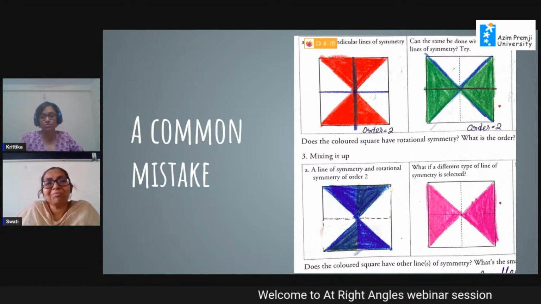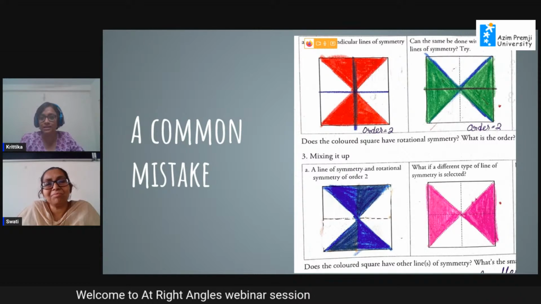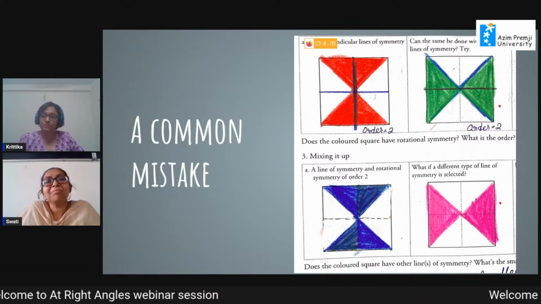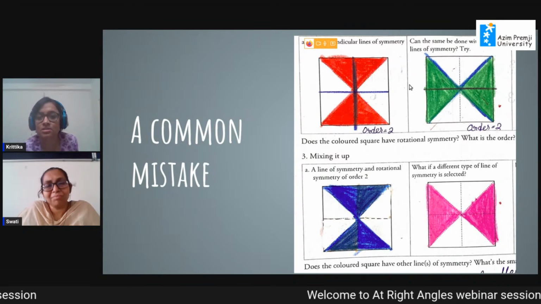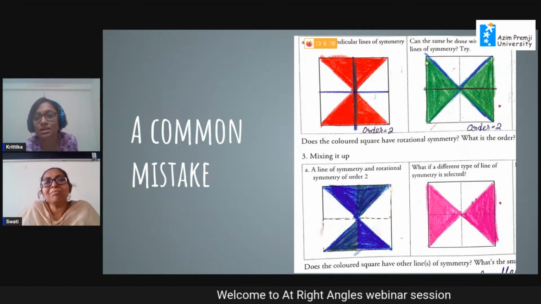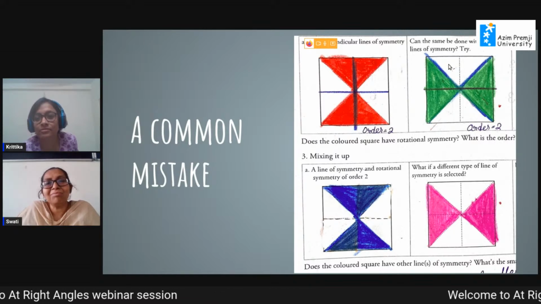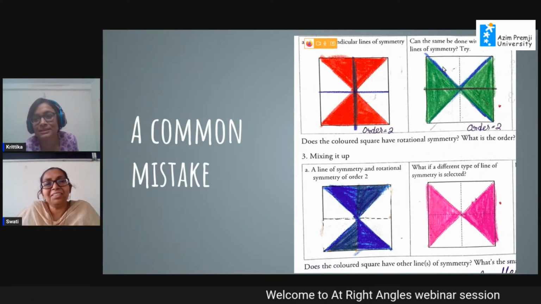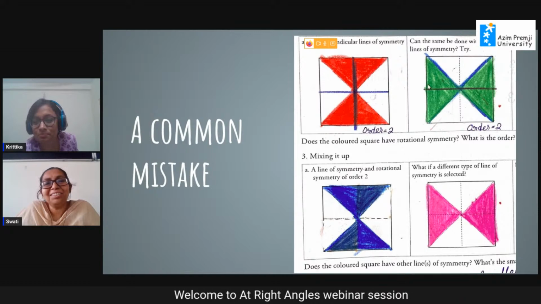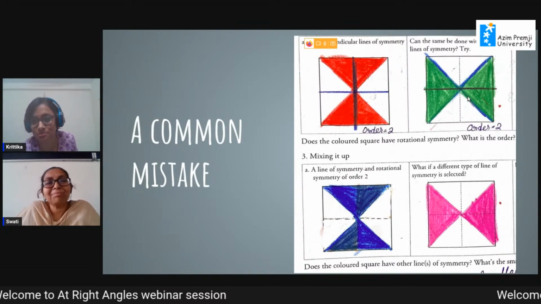But they could figure it out when I asked them to show me the lines of symmetry. For example, on the first row, the second, the green one, if the blue lines are the lines of symmetry, then this part should also be green. Then actually this first square should be green, and the third square should be green.